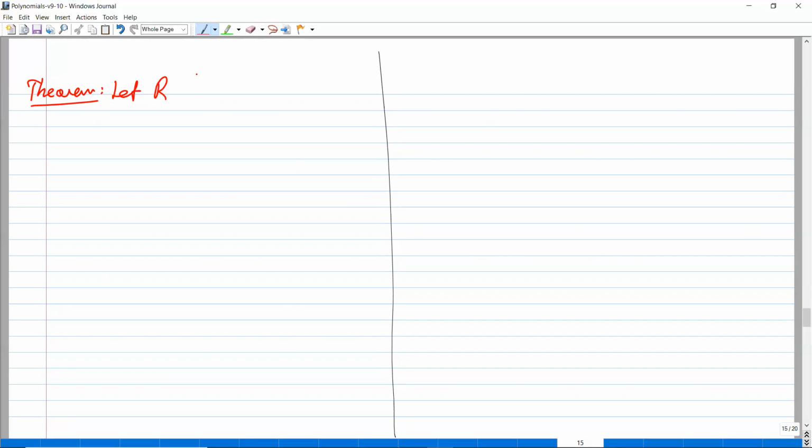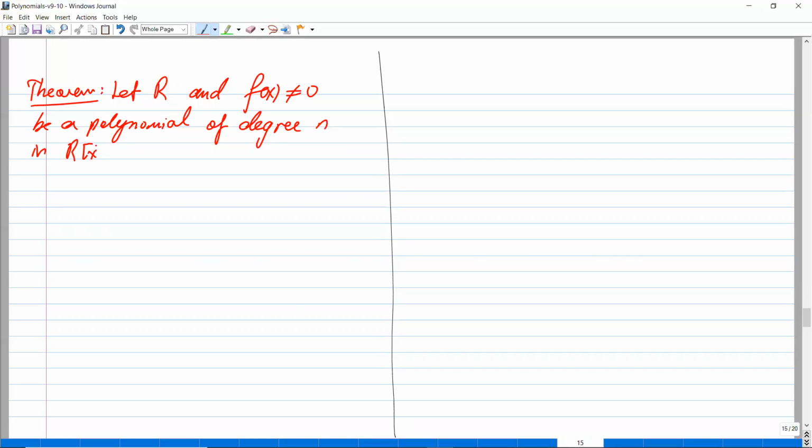Let R be an integral domain, and f of x a non-zero polynomial of degree n in R[x]. Then f of x has at most n roots in R. So it need not have n roots, but it has at most n roots. Here's a proof.